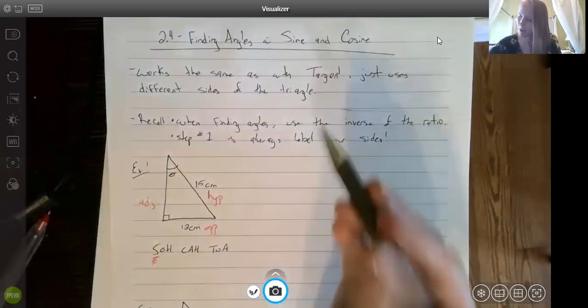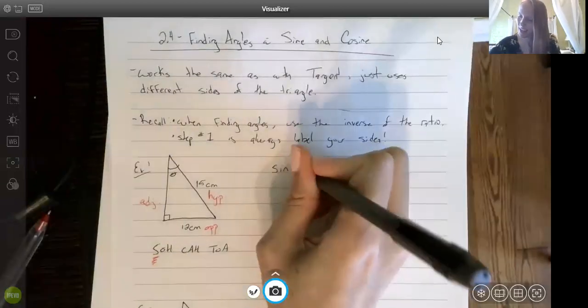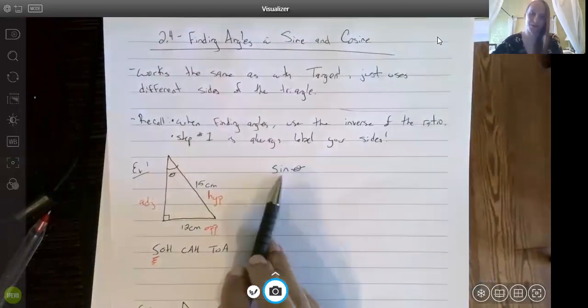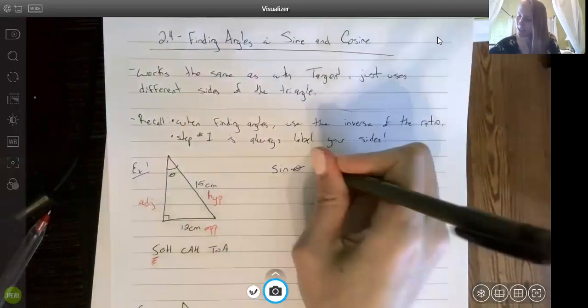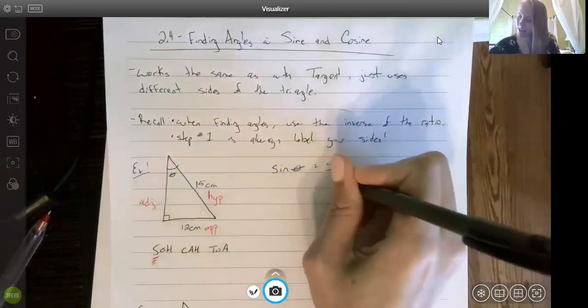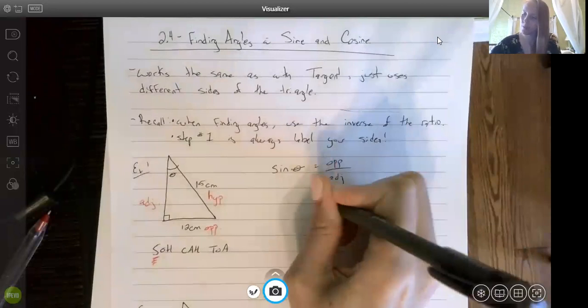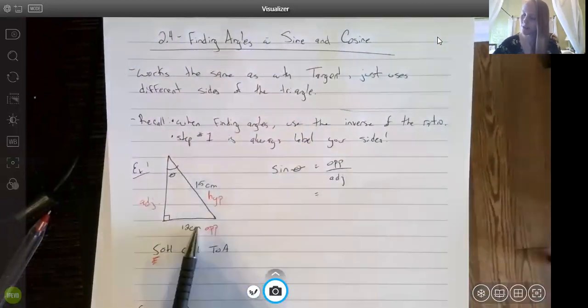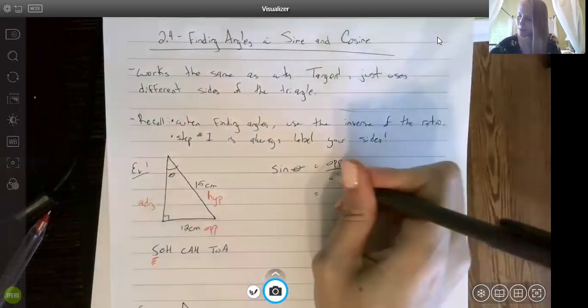So I'm going to start with my formula, the sine of an angle, and the short form for sine is just S-I-N, is opposite over hypotenuse. Oh, sorry, I'm still stuck on tan.